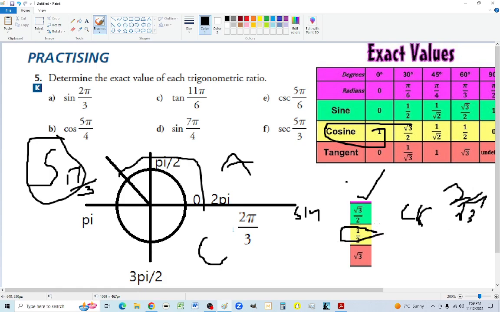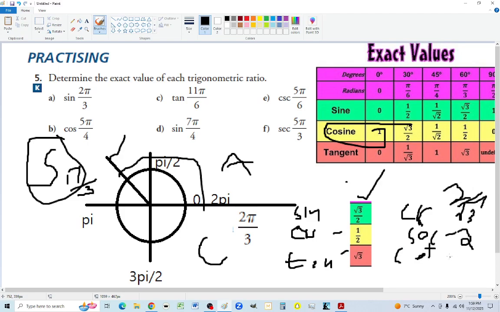For cosine, it's negative a half, because in this quadrant everything else is negative. For secant, the flip, it's -2. And for tan, it's negative square root of 3. And for cotan, it's just the flip of that, -1 over the square root of 3.